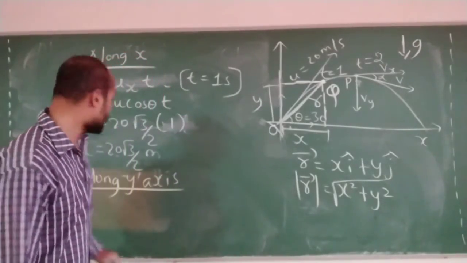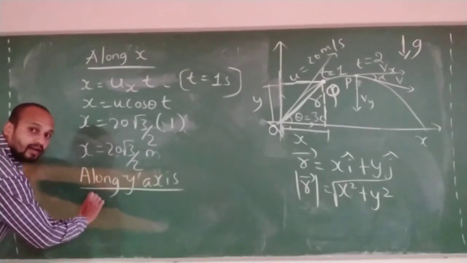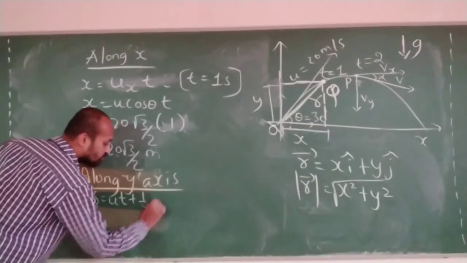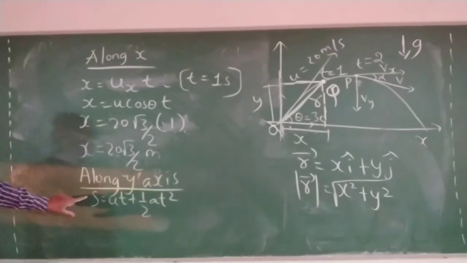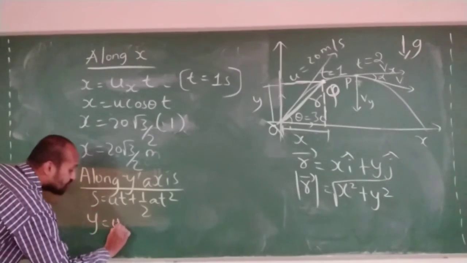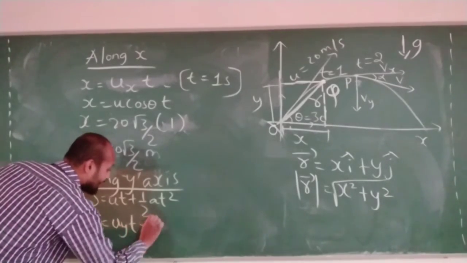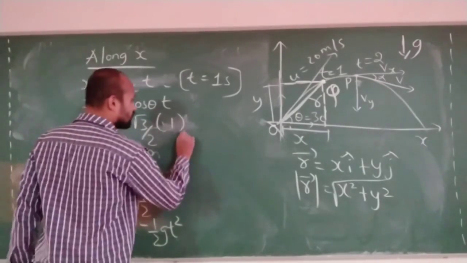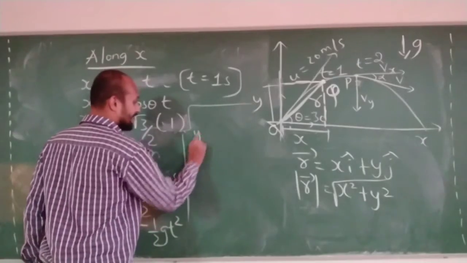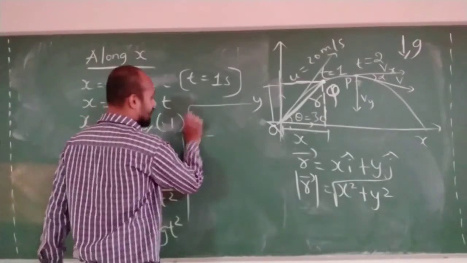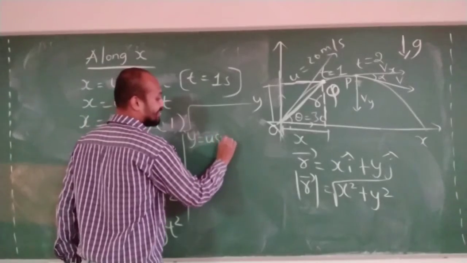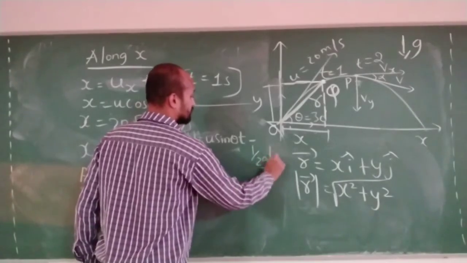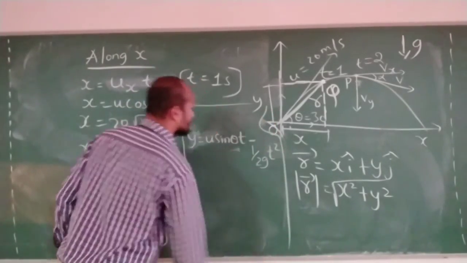So using s is equal to ut plus half at square, what formula can I write? Y is equal to uy t minus half g t square. So y is equal to u sin theta t minus half g t square.